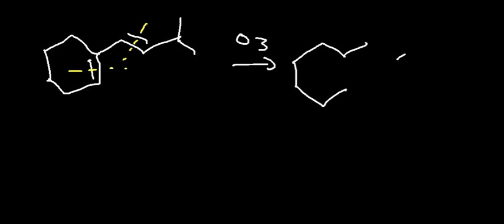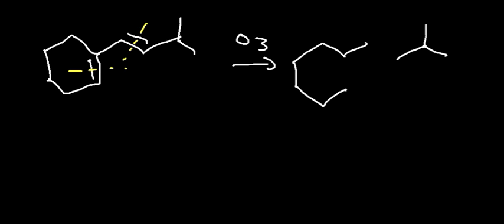Now sometimes you might have compounds that have multiple double bonds. In such a situation, you want to split each double bond. So draw the exact carbon structure, but just disconnect the double bonds.